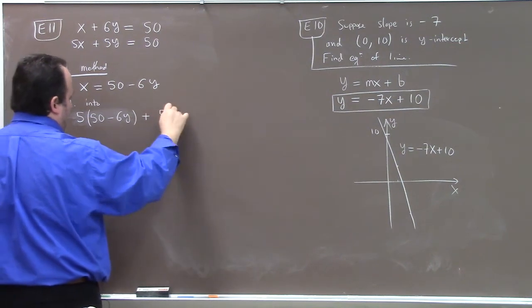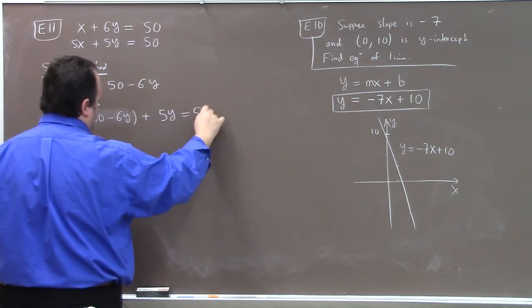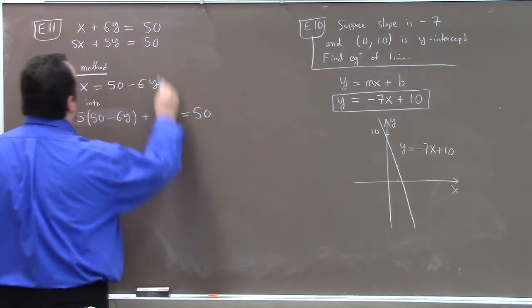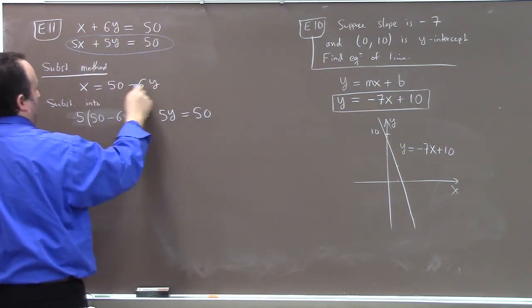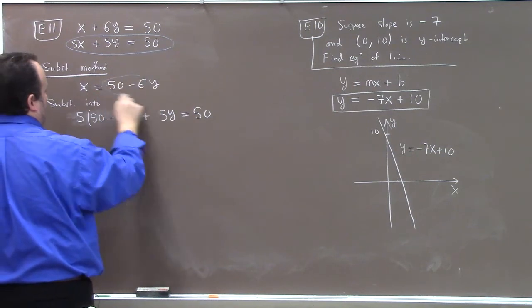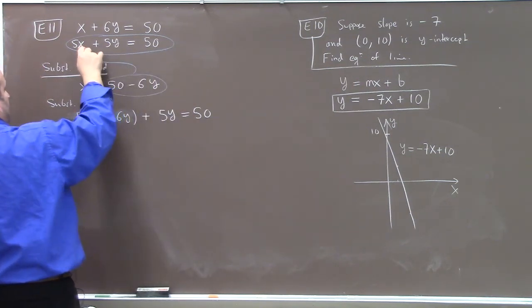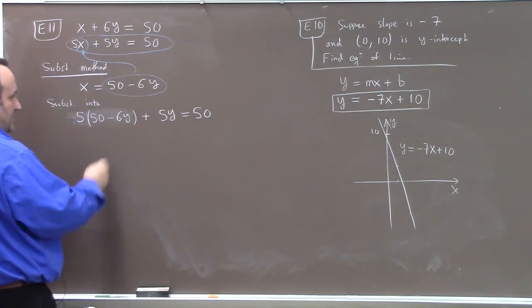Plus 5y equals 50. So what I did was I took this one right here, and I substituted it in for x to give me this down here.